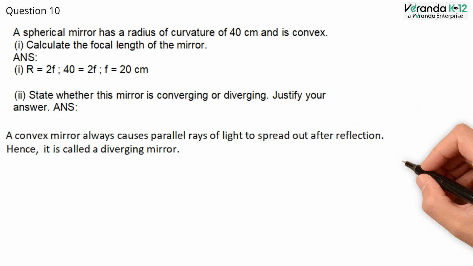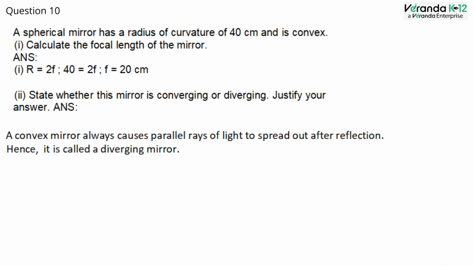Question number 10. A spherical mirror has a radius of curvature of 40 cm and is convex. Subdivision question 1. Calculate the focal length of the mirror. Answer. Radius of curvature R is equal to 2 times the focal length. Then 40 is equal to 2 times the focal length. Then the focal length f is equal to 20 centimeters.